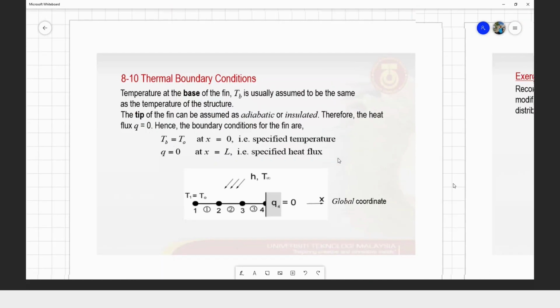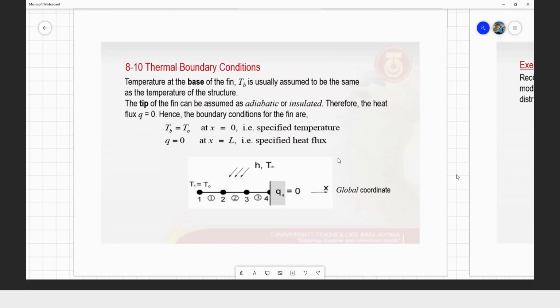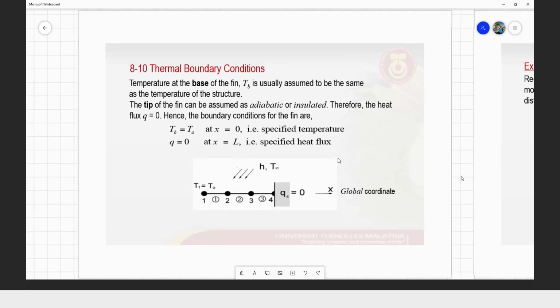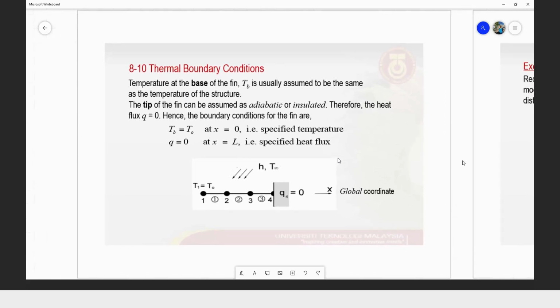Alright, now if there are no questions, I think we move to the thermal boundary conditions. In terms of thermal boundary conditions, as I mentioned earlier, the fin usually will be attached to the heat source.